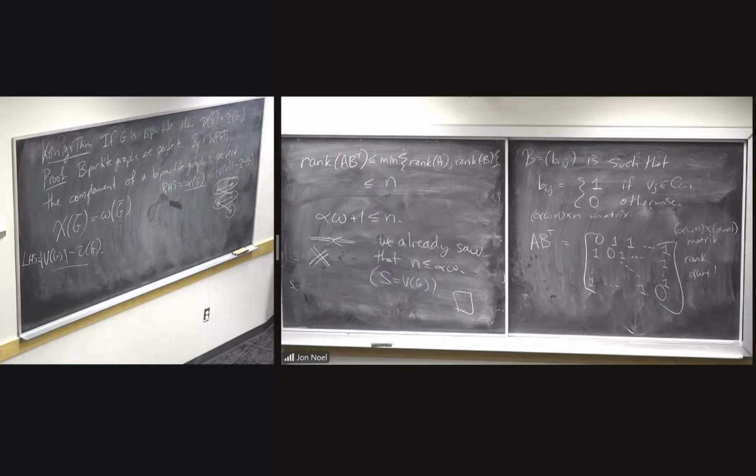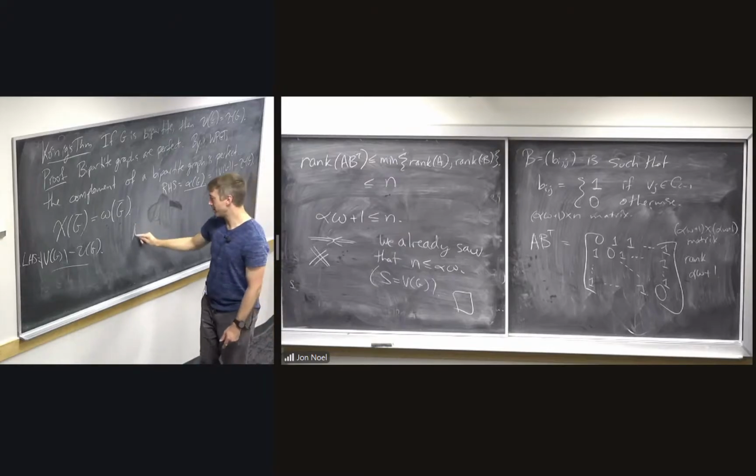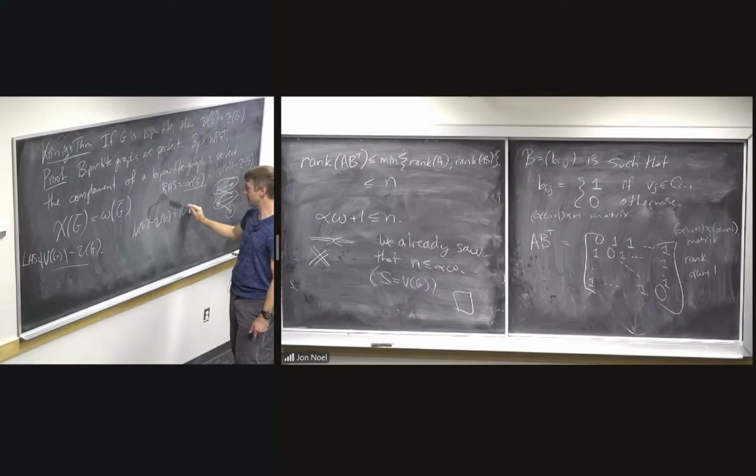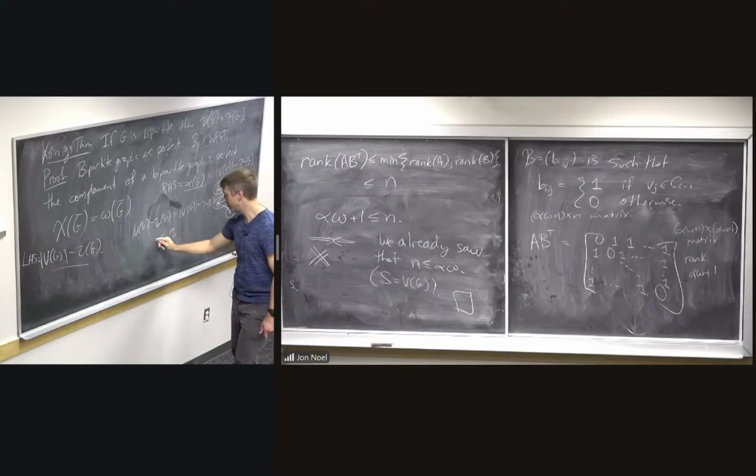We probably wrote that down at some point and justified it. So this is saying the number of vertices minus the matching number equals the number of vertices minus the vertex cover number. So the matching number equals the vertex cover number.